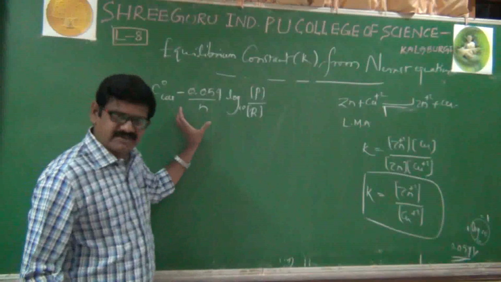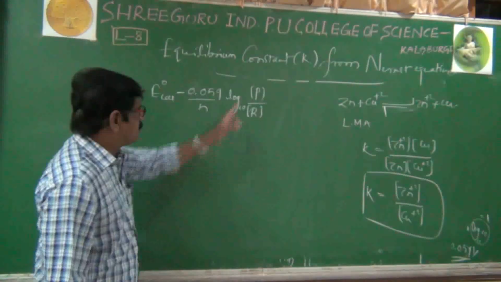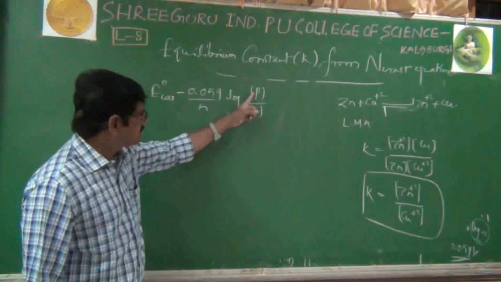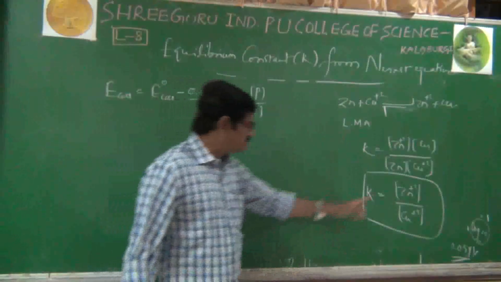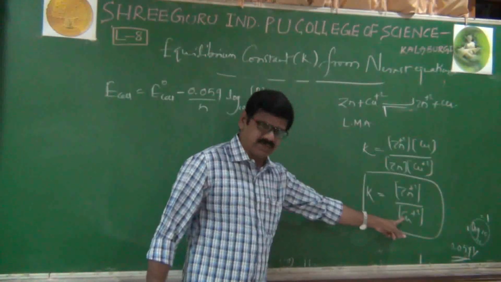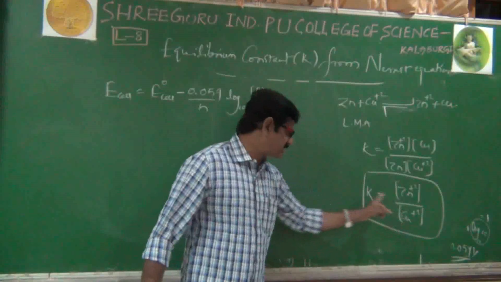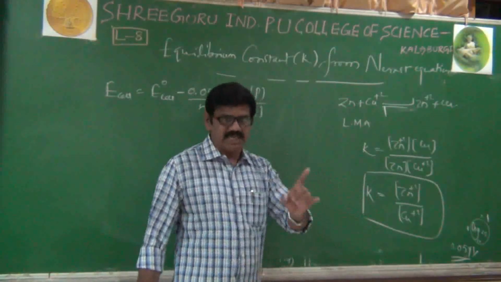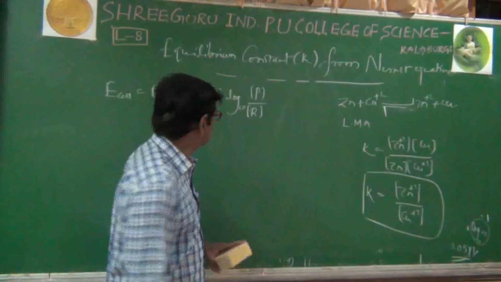Now product by reactant is nothing but Zn plus 2 divided by Cu plus 2. Instead of product by reactant, we can substitute directly the equilibrium constant K value.